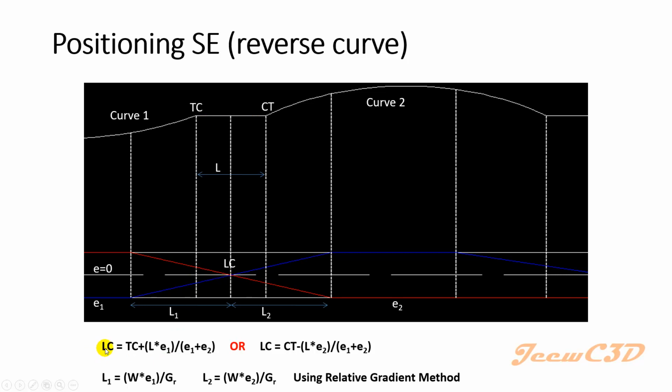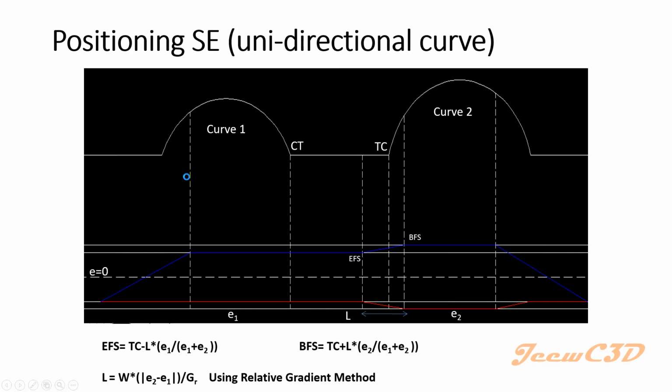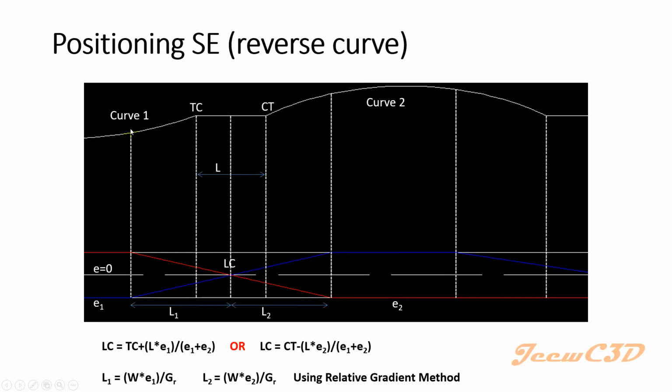So after getting the LC point, you will be finding L1 and L2, but you can calculate L1 and L2 without finding this point. L1 means the superelevation development length of this curve, and L2 is the superelevation development length of this curve.